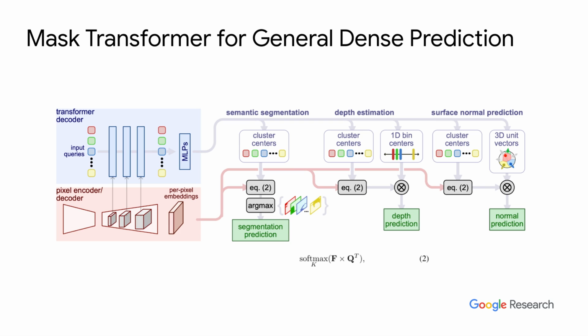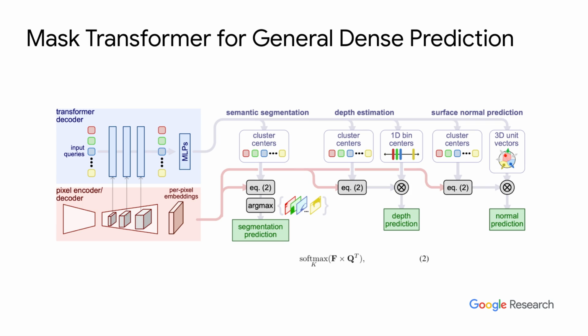The first one is the pixel encoder-decoder to generate per-pixel embeddings, and the second one is the transformer decoder to generate cluster centers from input queries. The probability distribution map is generated by first multiplying the per-pixel embeddings with the cluster centers, followed by a softmax operation. For semantic segmentation, the final segmentation map is obtained by applying the argmax operation to find the maximum probability semantic label.